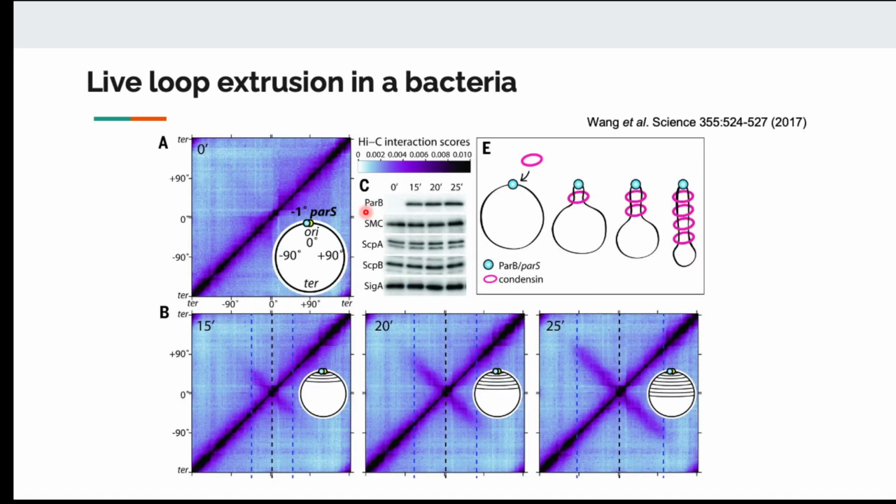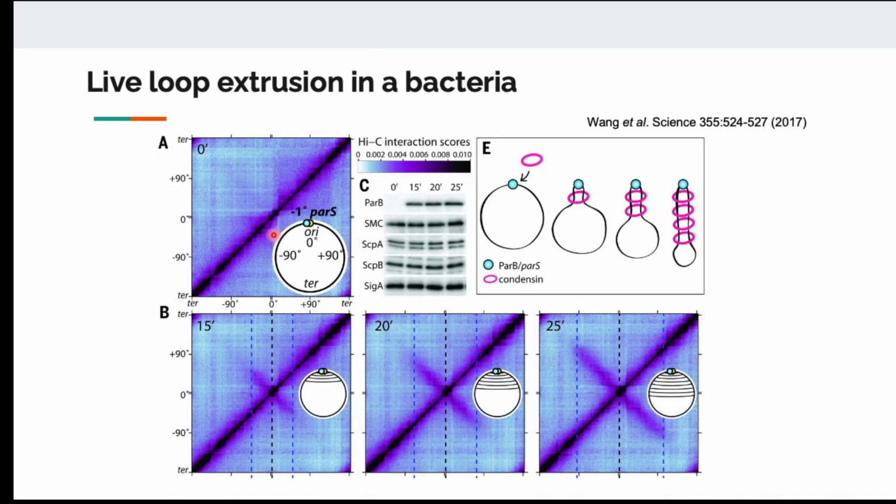So these proteins were identified many years ago, but the activity of the protein, the fact that it can walk on the DNA, was confirmed experimentally just 8 years ago in this experiment in bacteria, where they found that condensin in bacteria can move the DNA alongside the chromosomes and form larger and larger loops, via this kind of time series chromatin conformation capture.